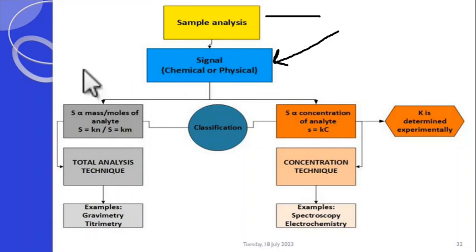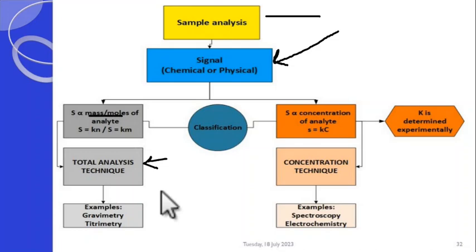We are saying that the signal is going to be proportional to whether you have mass or the number of moles. And when it is mass or number of moles, that technique is referred to as the total analysis technique.